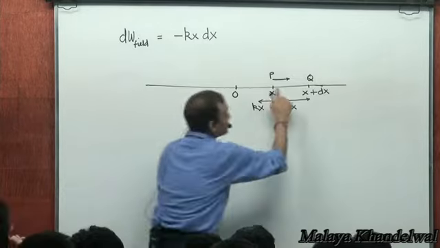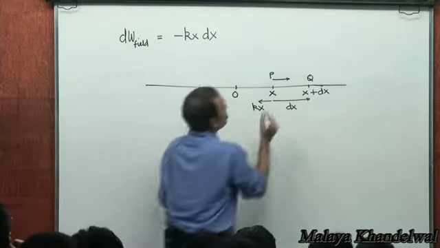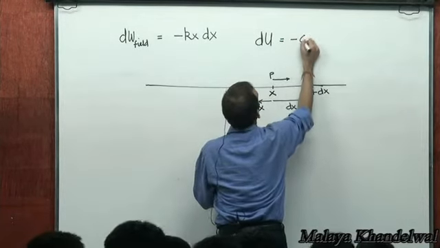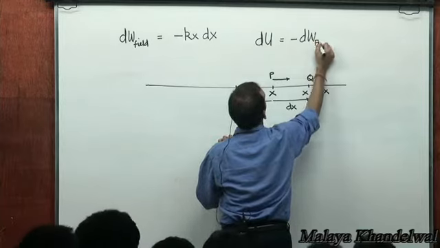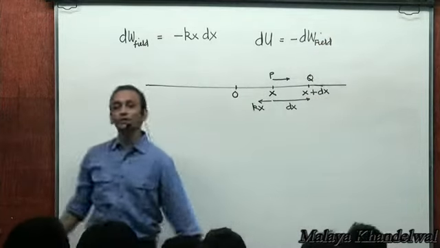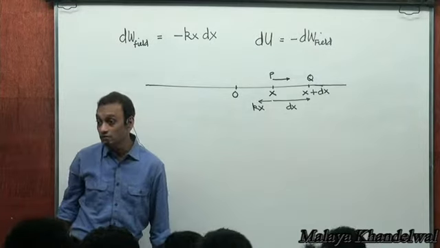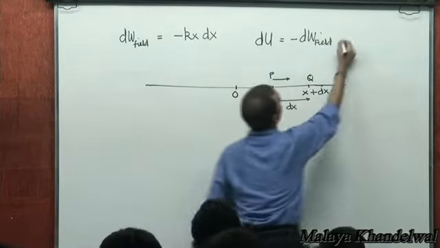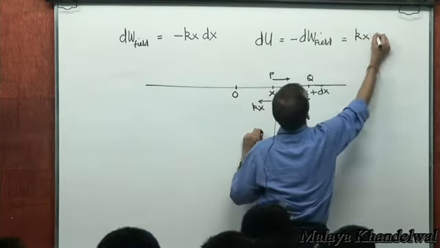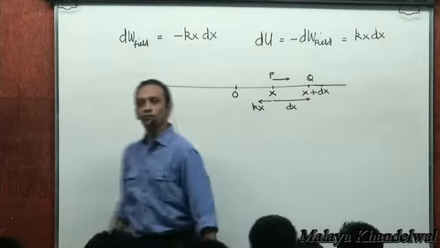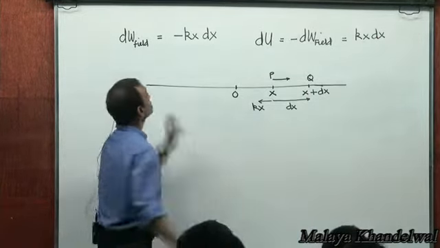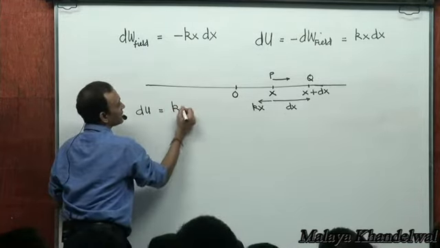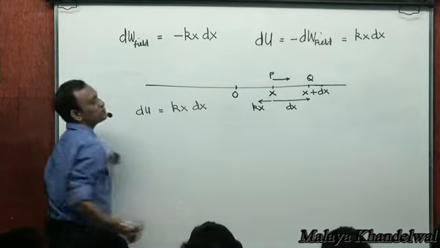So when the particle goes from P to Q, the change in potential energy dU would be the negative of the work done by the field, which then would be kx into dx. Clear? So the change in potential energy is kx into dx when the particle goes from P to Q.